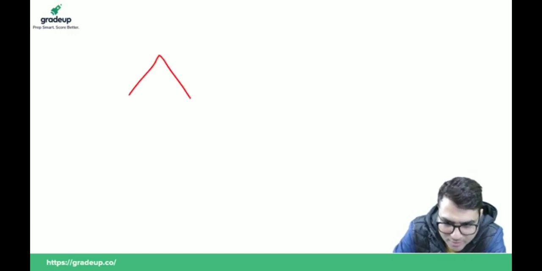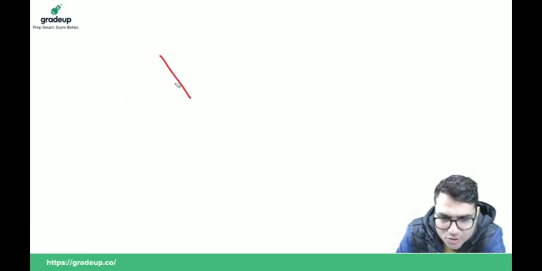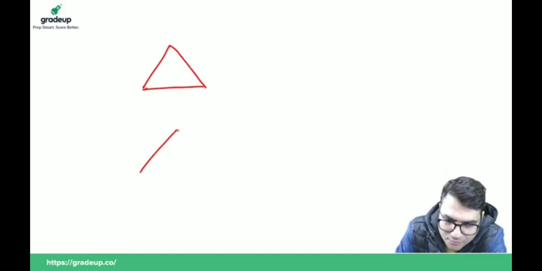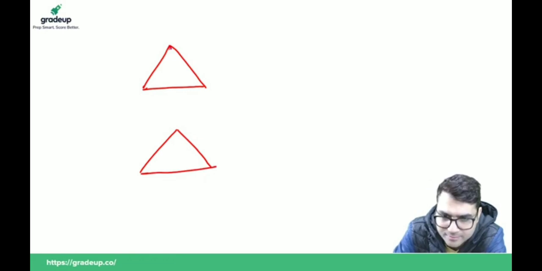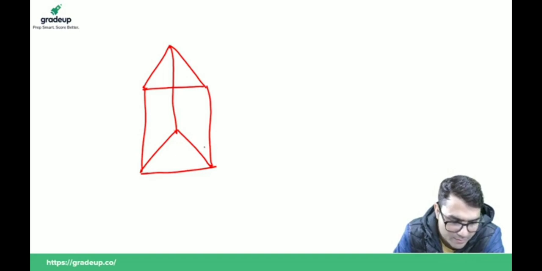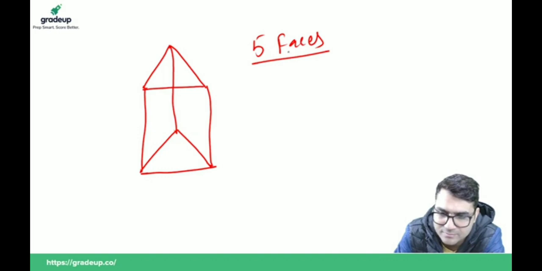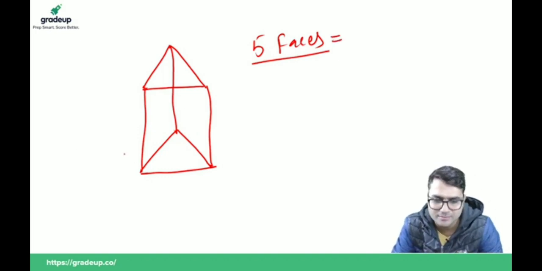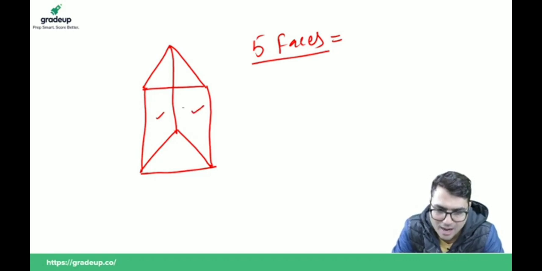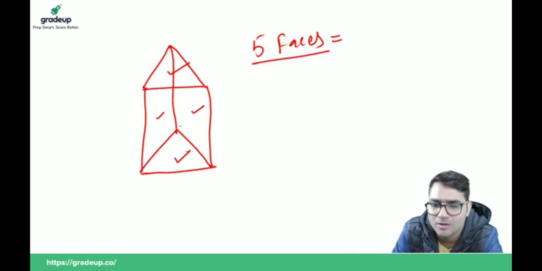And guys, always remember one thing. I am giving you some extra knowledge about the prism. If you have a prism with a triangular base, then it definitely has 5 faces. Three faces are the sides, including the back, and 2 faces are the top and the bottom.